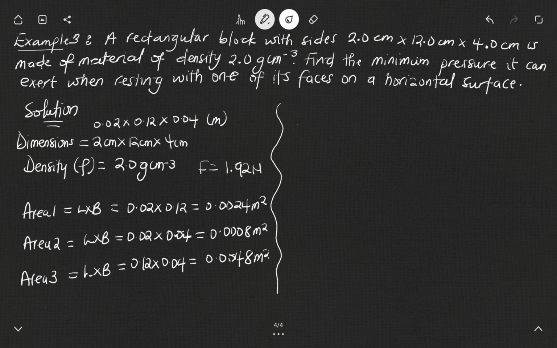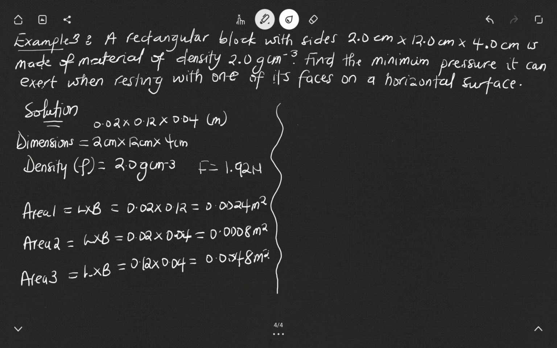Now the question is asking for the minimum pressure. So to get the minimum pressure, we need the surface area with the highest surface area. So if you look at it, 0.0048 will be the one to give us the minimum pressure. But let's go ahead and calculate pressure 1, pressure 2, and pressure 3.